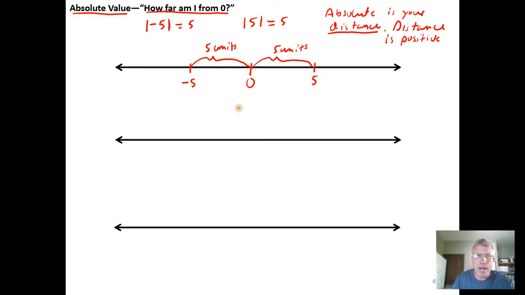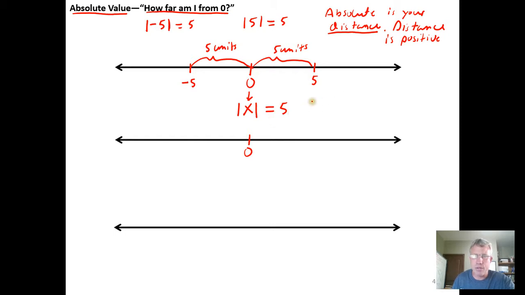If you ramp this up a little bit and put it in equation form, let's say I want to know when the absolute value of x equals 5. What I'm saying when I have something like this is, what are the unknown values of x that are 5 units away from 0? And so I'm going to get two answers out of this.